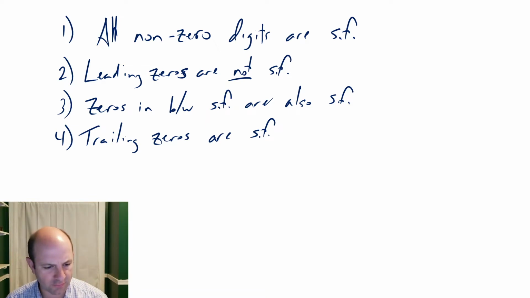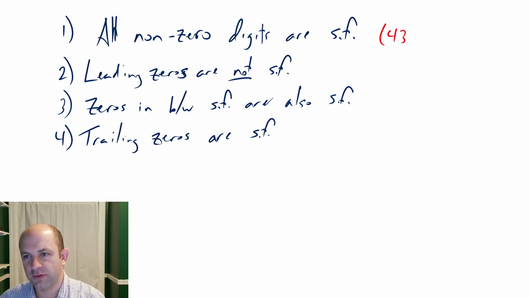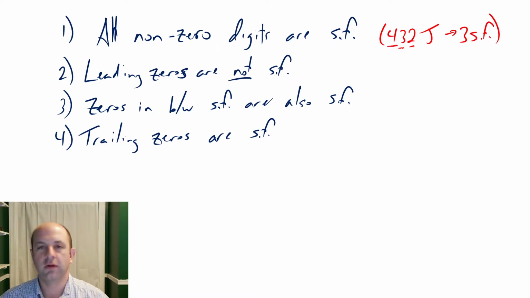But let's go ahead. I'll give a quick example of this because this actually could be a nice test question. I'll just say, here's a number. You tell me how many sig figs there are. So if we have something like 432 joules, well, I would say that has 3 significant figures. The 4, the 3, and the 2. They're all non-zero.